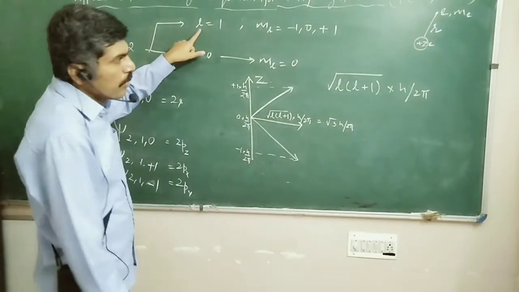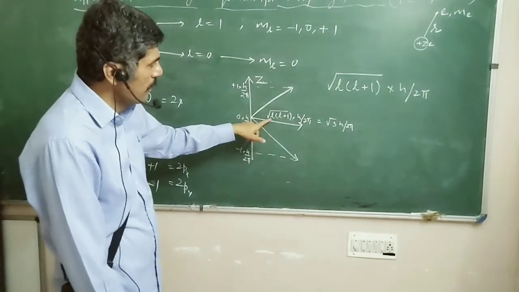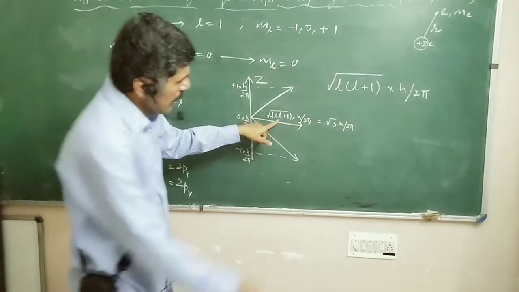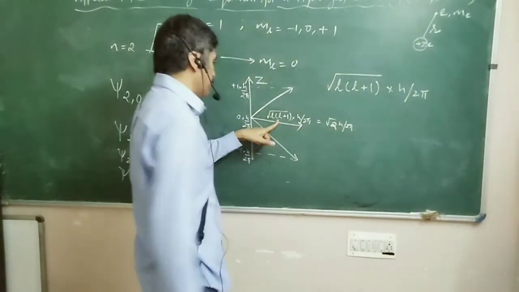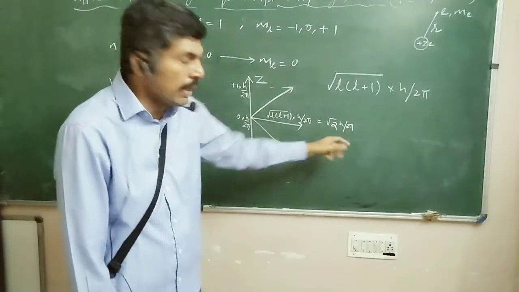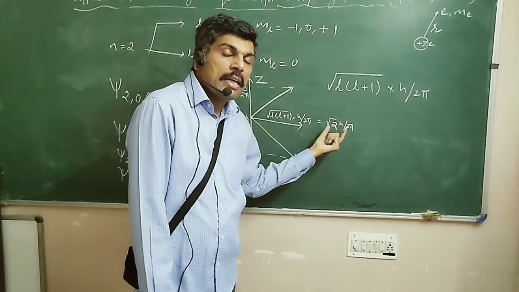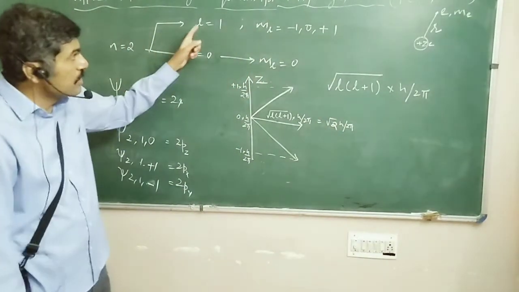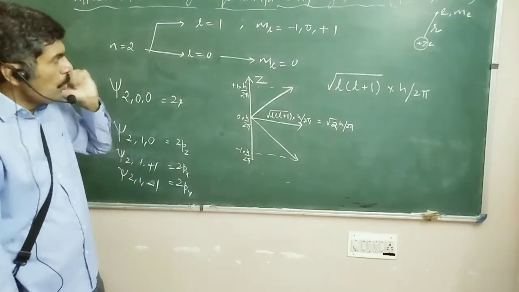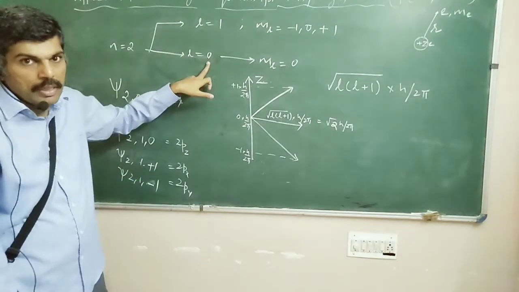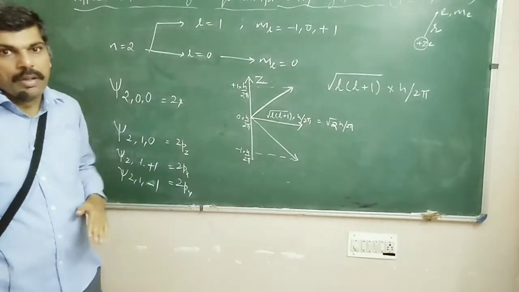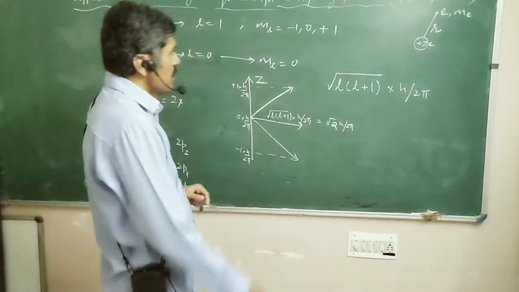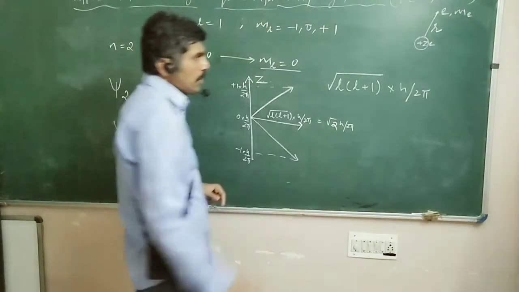Similarly, when you put L equal to 1, which is what I have done here, it is root of 1 into 1 plus 1 into h by 2 pi, which is root 2 h by 2 pi. Root 2 h by 2 pi is the magnitude of the angular momentum when L is equal to 1. When L is equal to 0, the angular momentum has only one component along the z-axis, which is given by ml equal to 0.